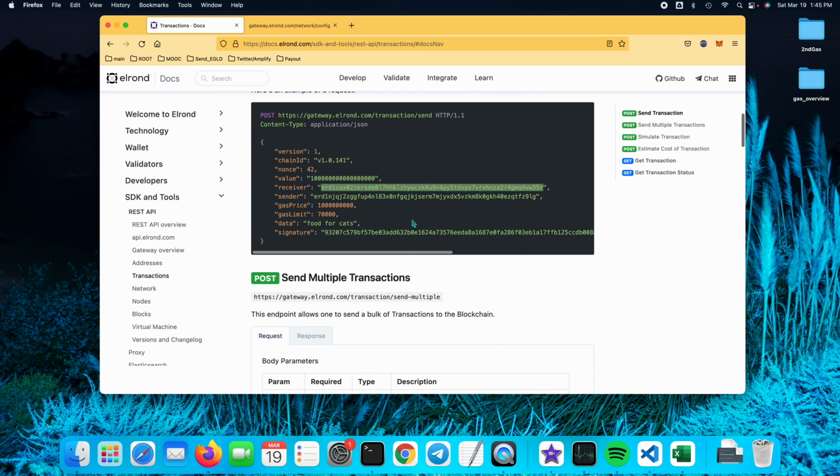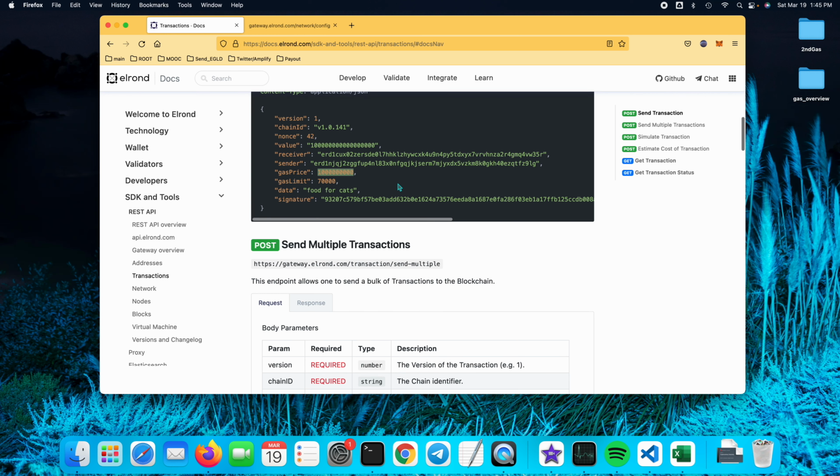Then we have the receiver, the sender, and here's that gas price, which is the normal minimum gas price. And here's our gas limit. While the minimum is 50,000, that's going to be your base fee, plus we have some data. So food for cats, that's our data. And so that brings our gas price up there.